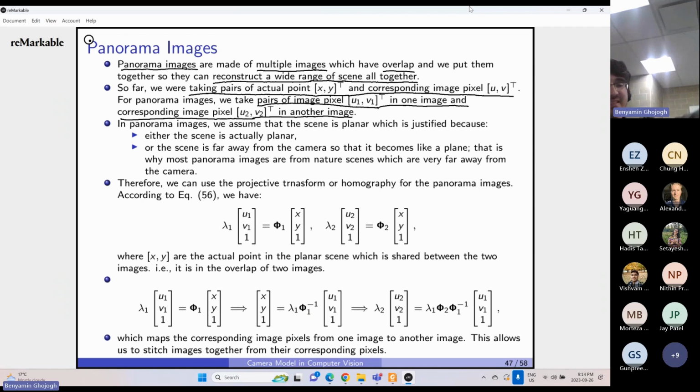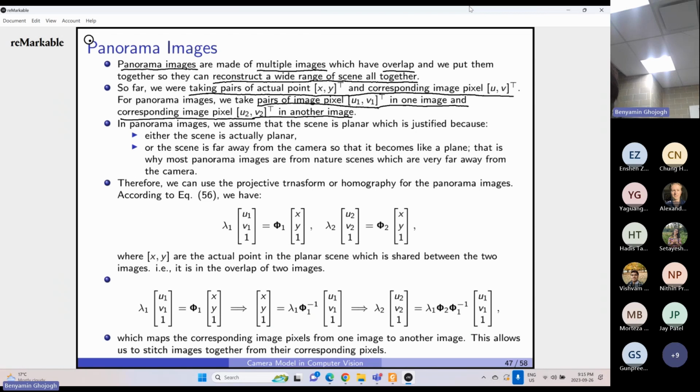For example, I have the same 3D coordinate in this scene. Do you agree that this scene point has two corresponding pixels in two different images when the images have overlap? So now my pairs are the corresponding pixels across images.